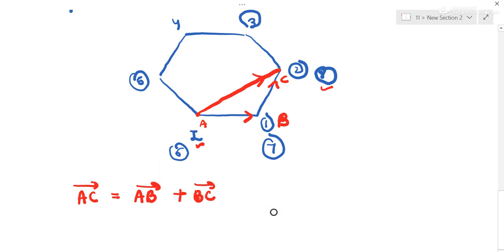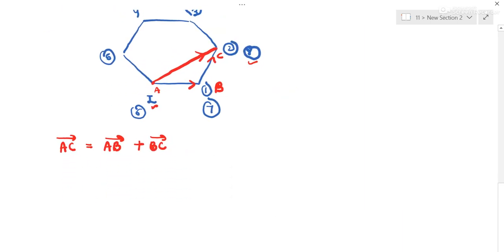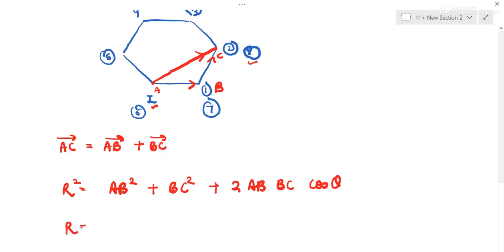So we will make use of the triangle law. In that, resultant square is equal to first vector square, that is AB square, plus second vector square, plus 2 into first vector into second vector into cos of theta. So we can find out the resultant like this. So resultant, that is displacement, which is AC.